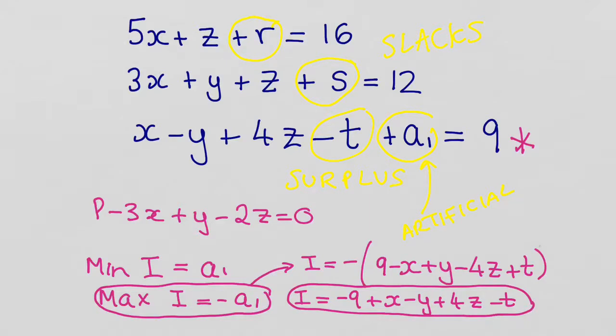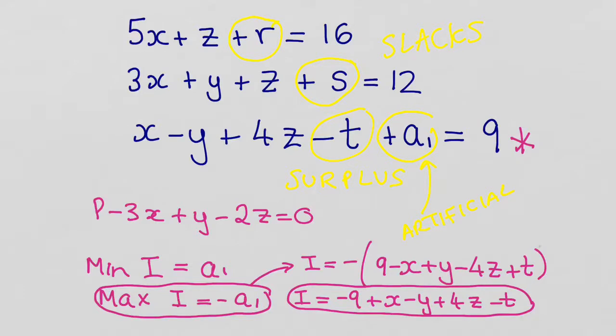Okay, so let's have a look at what we've done. We've added in slacks here. We've added in a surplus. Surpluses take, and we can't have negative values because the algorithm starts off with x, y and z being naught. So this wouldn't work. We couldn't do the algorithm with it. So we've had to put in this artificial variable just to make the algorithm work.